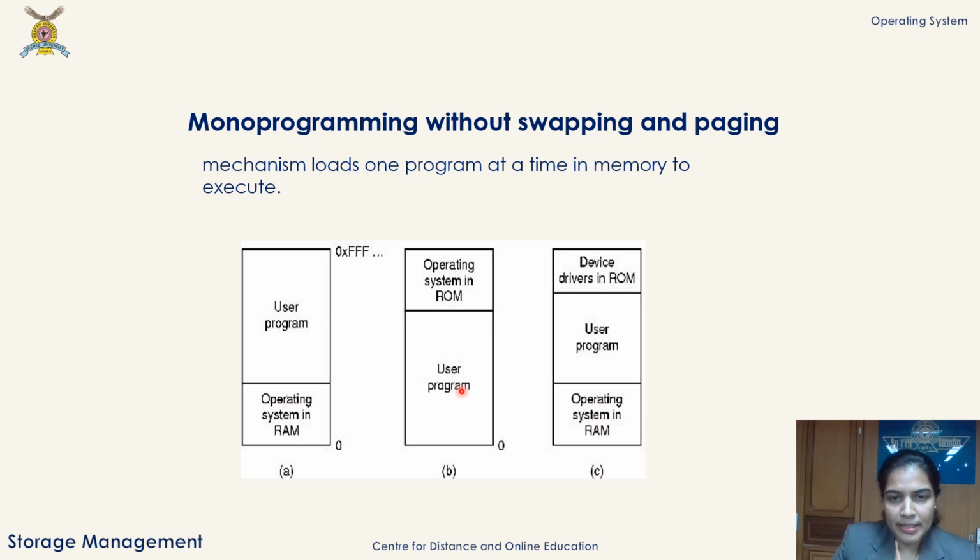The MS-DOS operating system falls in this category. So the operating system may be loaded at the bottom of RAM, or it can be loaded on the upper side inside the memory. Any situation may be there in your own operating system. So that's monoprogramming without swapping, without paging.